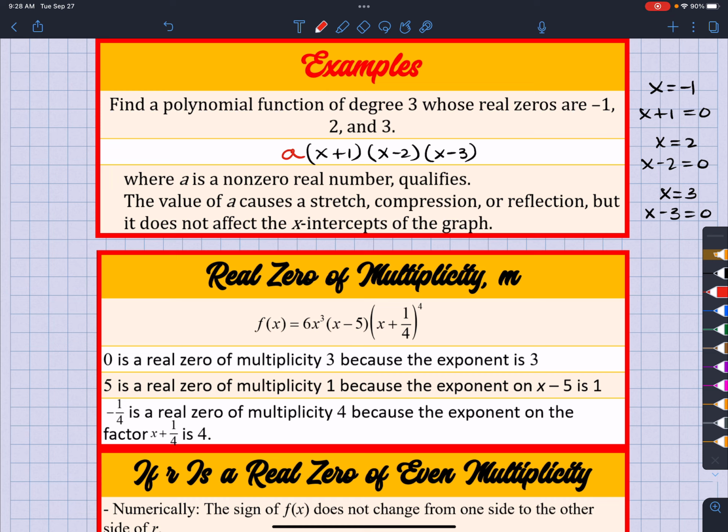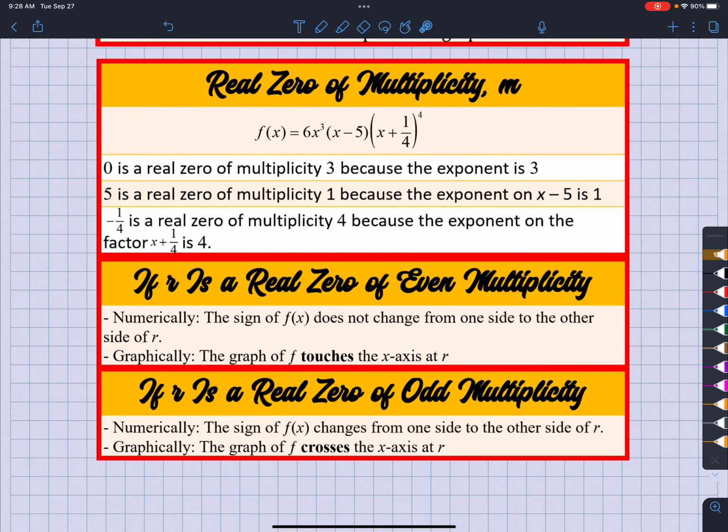The A is what's going to show me if it flips over the x-axis or not, if it's going to compress or stretch or anything else. So we'll say that f of x is going to equal this particular equation. Anytime it tells me it's a real zero, this would be the process that I go through.